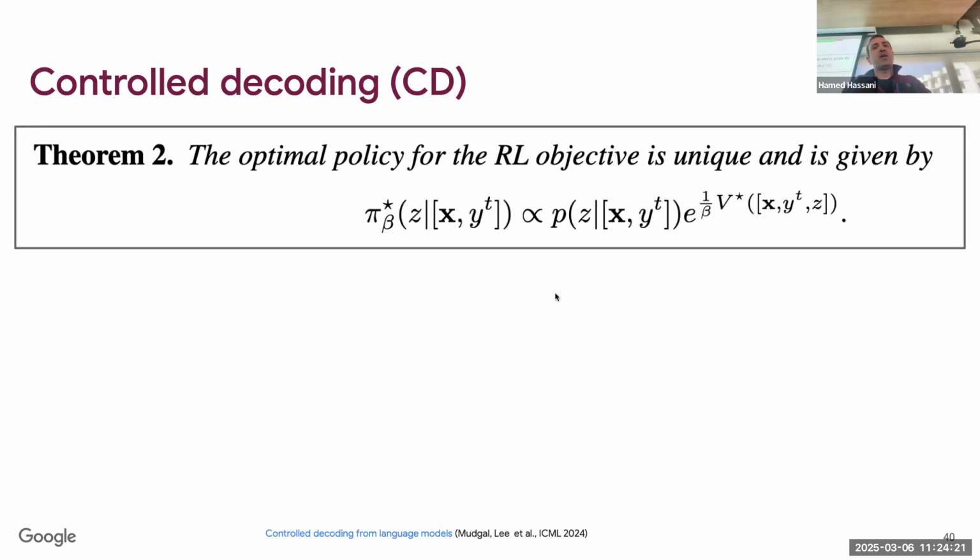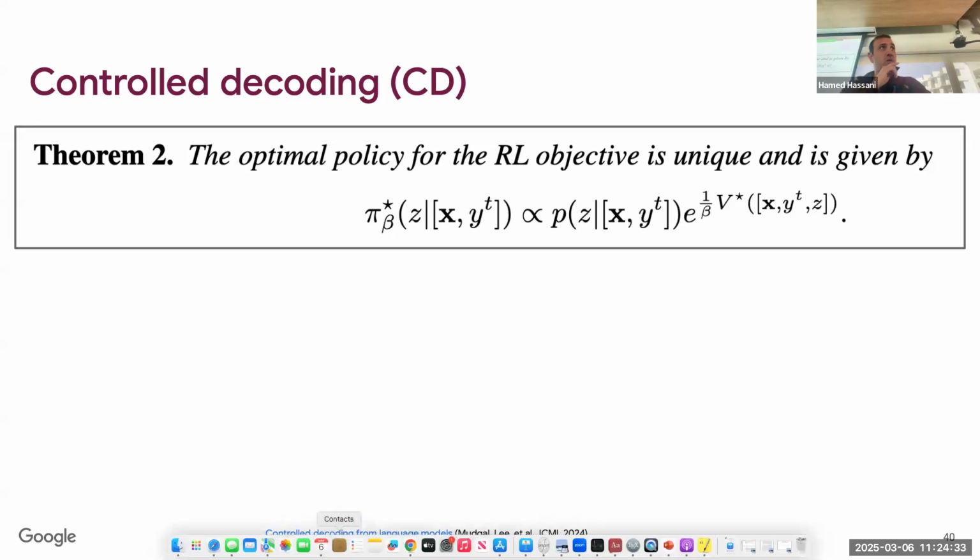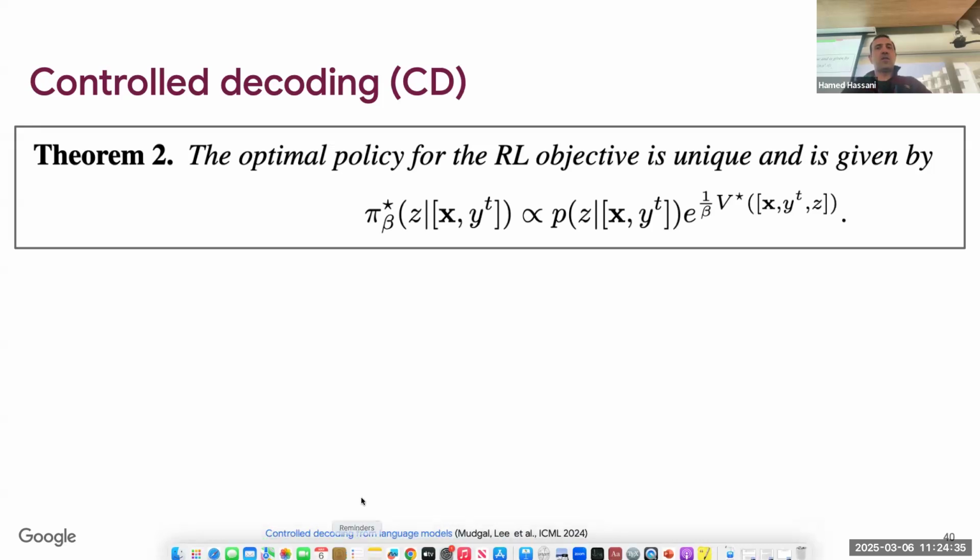But here the difference is that we're only talking about one token, and the set of all possible next tokens is 10,000 or 100,000. So we can easily normalize this and sample from it. In contrast, here we need this V star, whereas there we needed just r. R we did have, V star we don't.